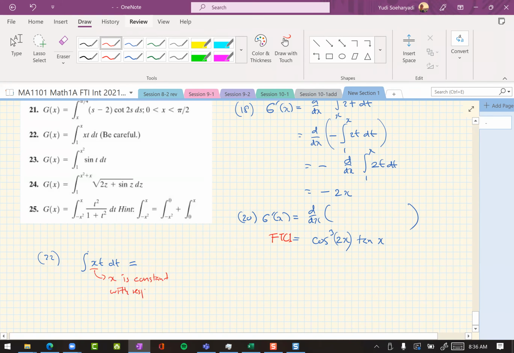Because it's constant with respect to t and the integral is with respect to t, you can take this out.